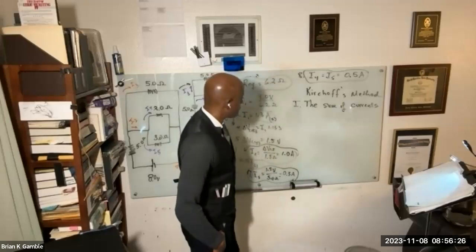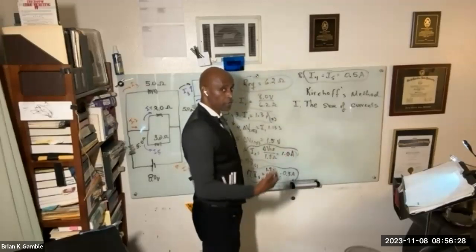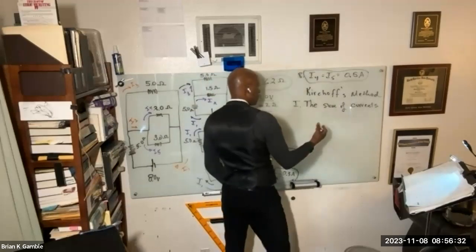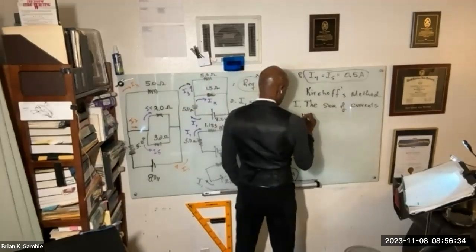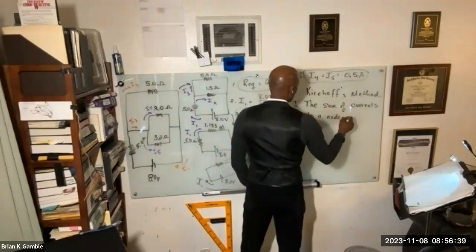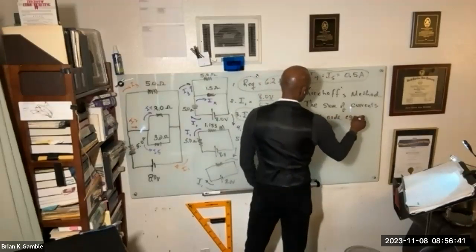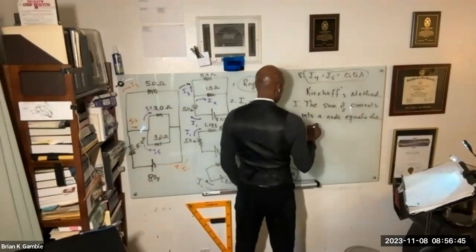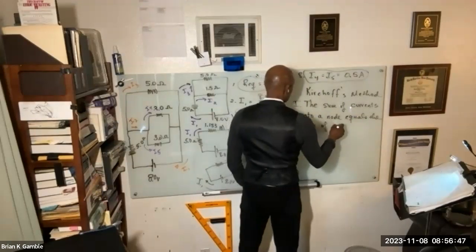So what energy goes into a node must come out, and so what current goes in must come out. So the sum of currents into a node equals the sum of currents out of the node.